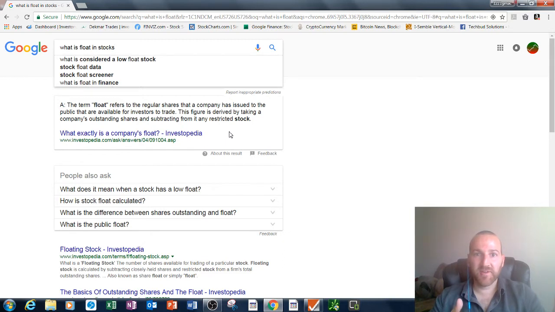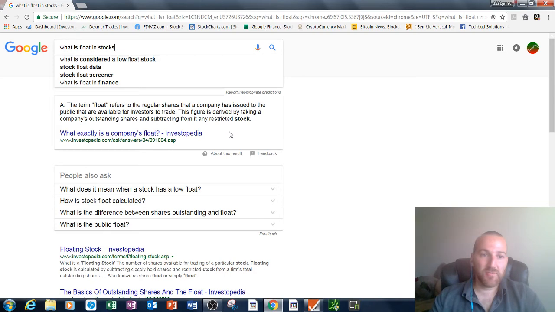That way, the better the company does, the more money ultimately they have because they're also vested in the company. Now, those are privately held shares, and when a company goes public, they offer shares publicly on the stock market, which people can buy, like you and me. Those are the float, basically the open shares that anyone can buy.